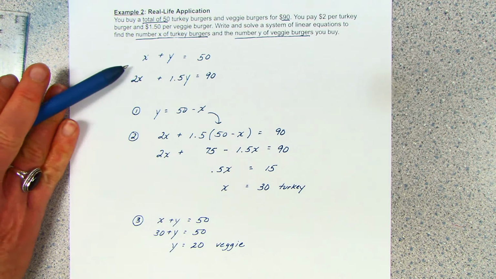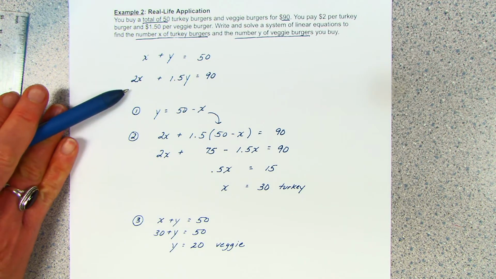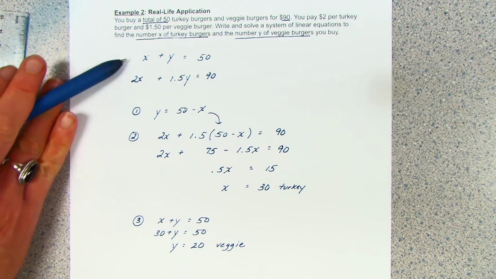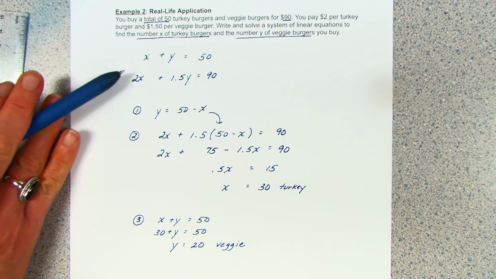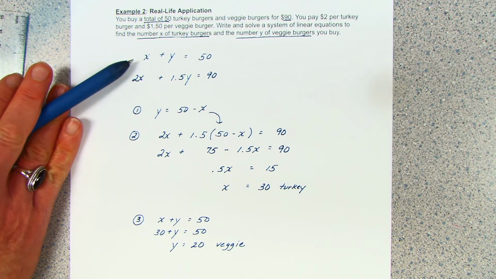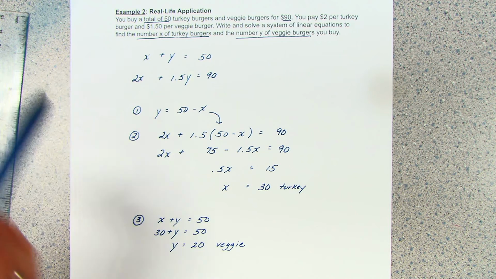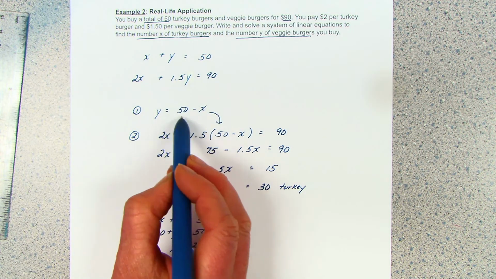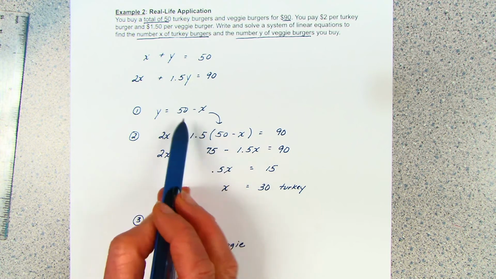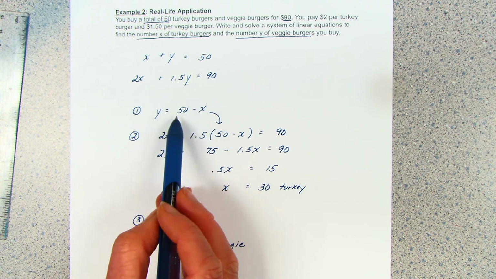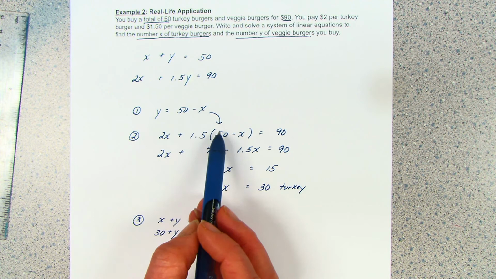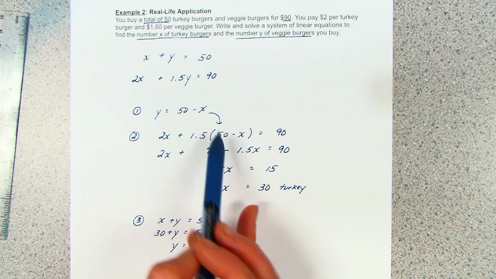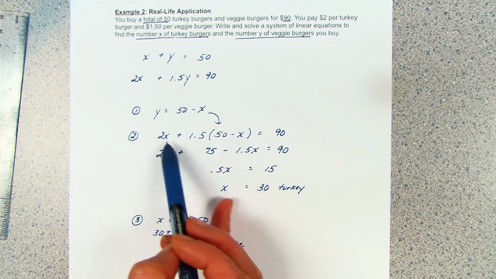First, you write the equations. Then you look at the equations and you pick the easiest one to work with and you solve it for either one of the variables. After you solve it for the variable, you think that this whole thing is equal to y. So then you take that new value for y and you substitute it in for y in either one of the equations.